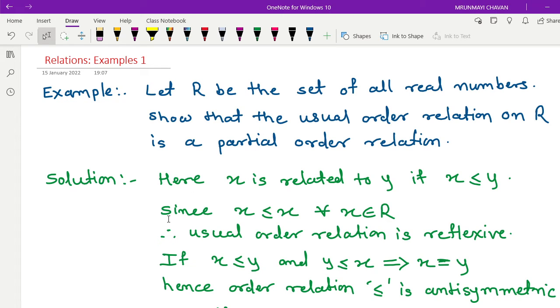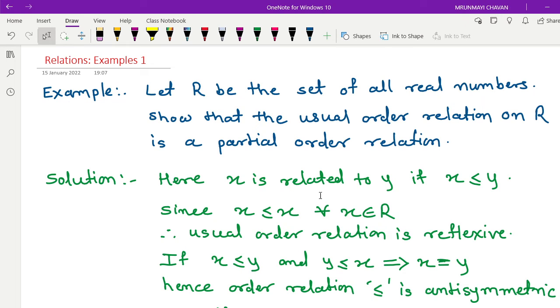So here the set given to us is the set of real numbers. Usually we denote the set by A, but here the set is denoted by R, and the relation defined is the usual order relation. That means less than or equal to.